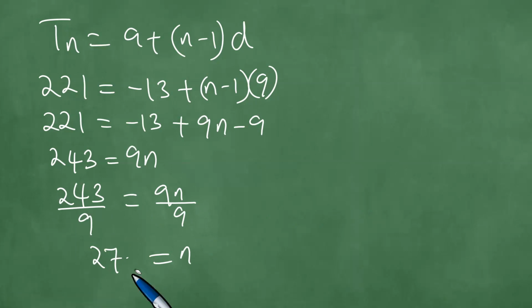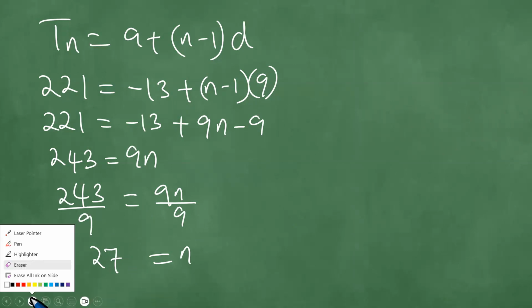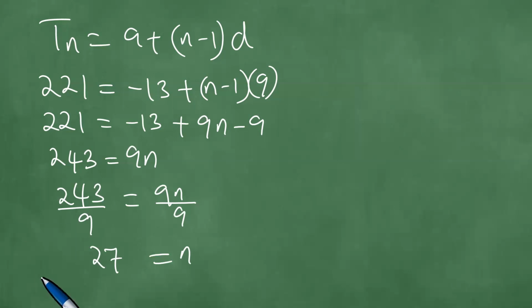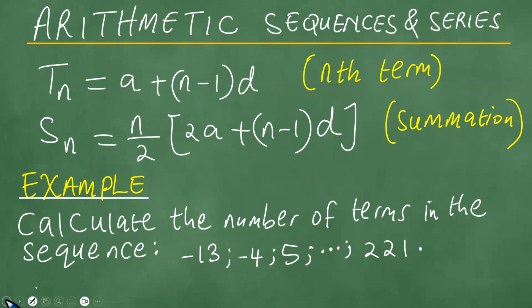So we continue to solve the problems. What then do we do next? Because the question was, here you can proceed and say hence, because the question was, calculate the number of terms in the sequence.